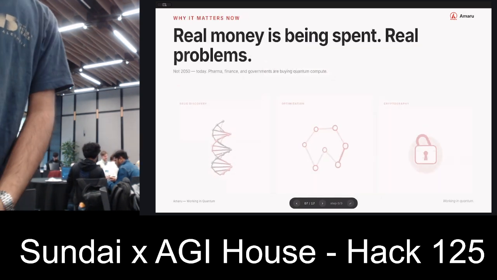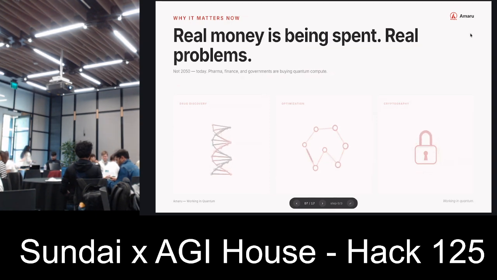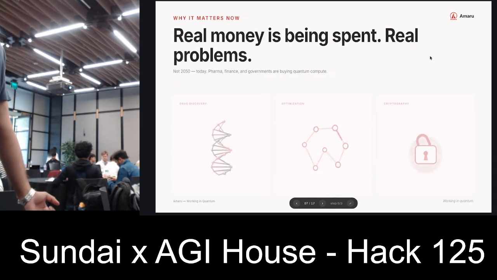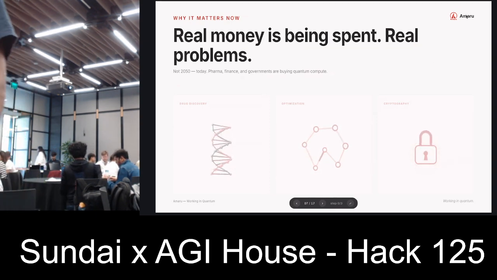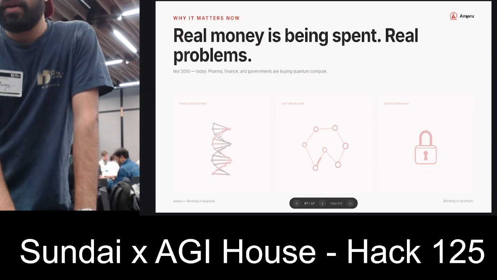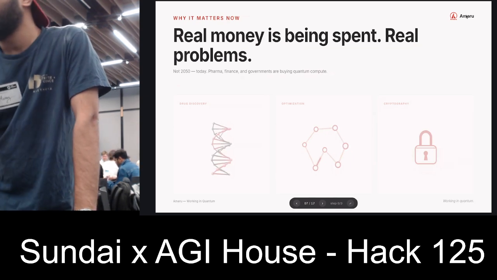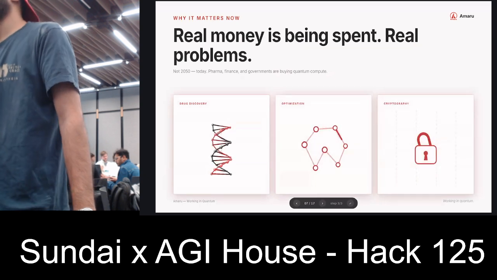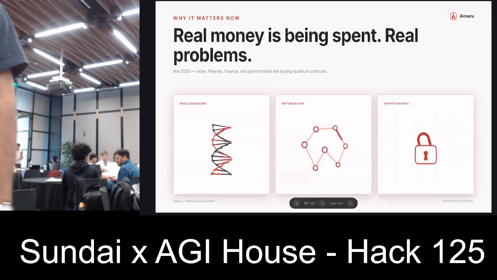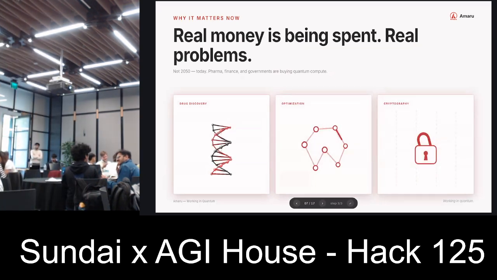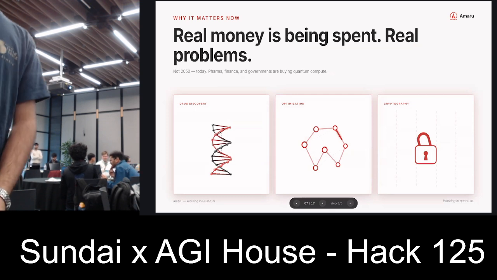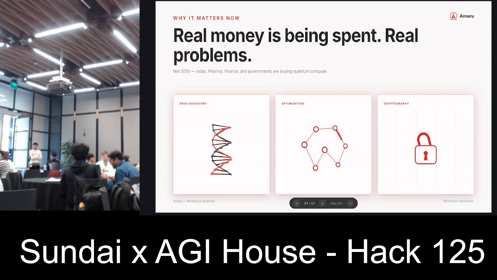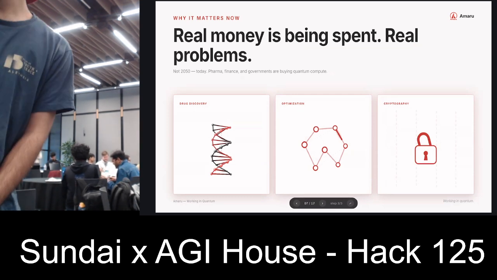Real money is being spent to solve real, life-changing problems. In quantum computing, the problems that could be solved are, first, drug discovery. Molecules by nature are quantum objects.